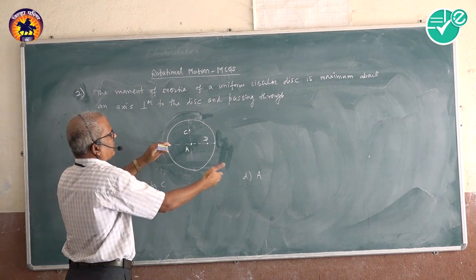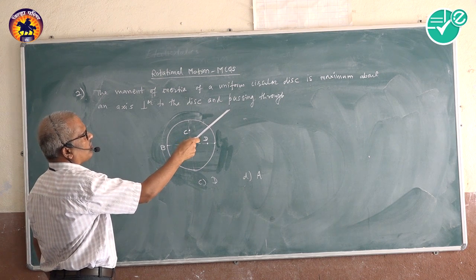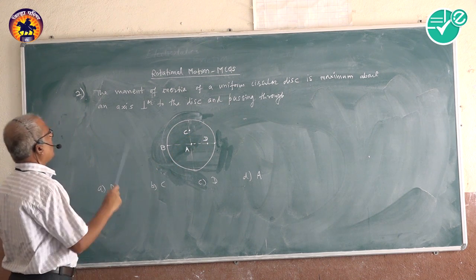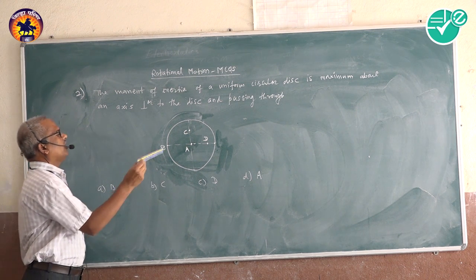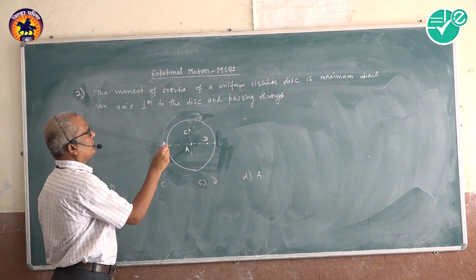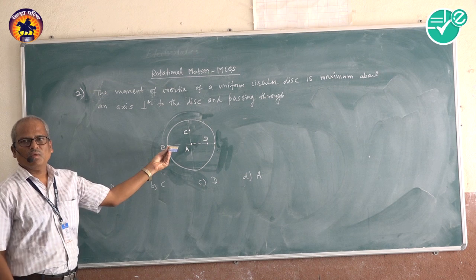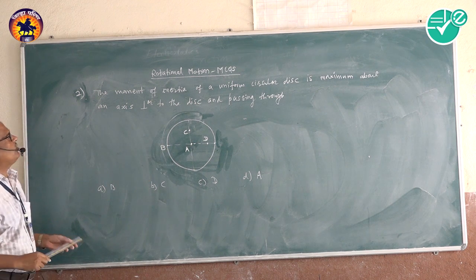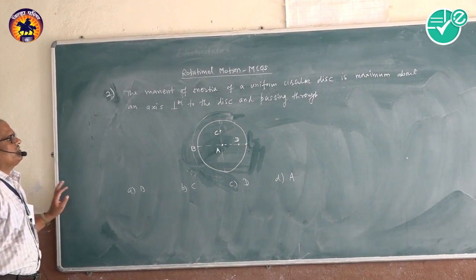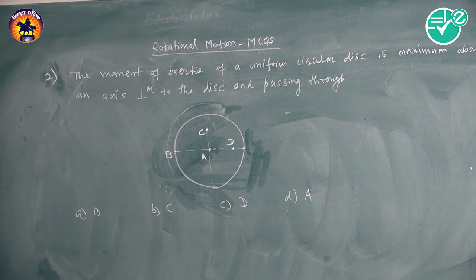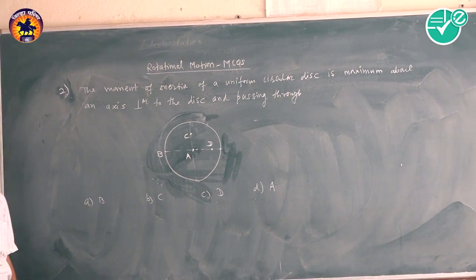So the moment of inertia of a uniform circular disc is maximum about the axis perpendicular to the disc and passing through point B. Moment of inertia is maximum if the distribution of mass is maximum away from the axis of rotation.